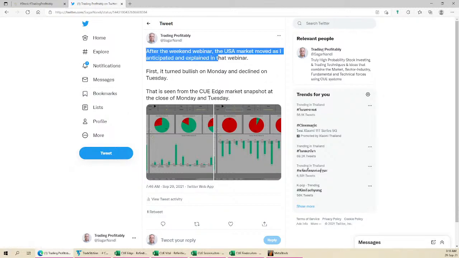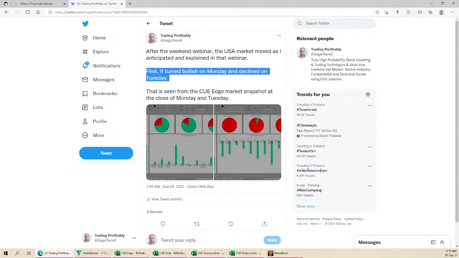After the weekend webinar, the USA market moved as I anticipated and explained in that webinar. First, it turned bullish on Monday and declined on Tuesday. This is seen from Q edge snapshots. Let's look at them.